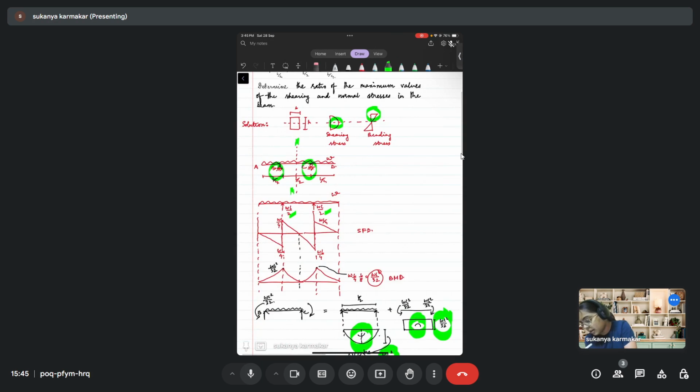The intensity of the load is W, and this length is L by 4. So you have a shear force of WL by 4 here, and similarly a shear force of WL by 4 here. Then you have a constant reaction of WL by 2. So this line moves up, similarly this line moves down, and you can join them. This is how you can construct the shear force diagram.